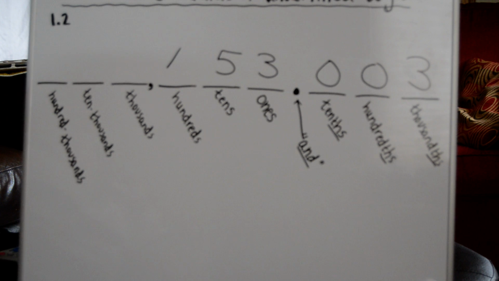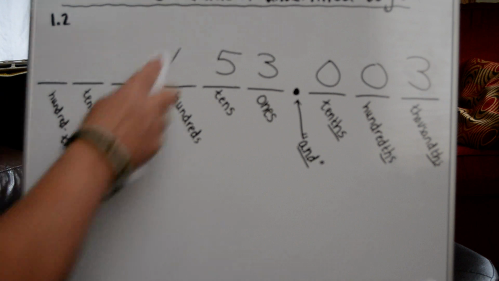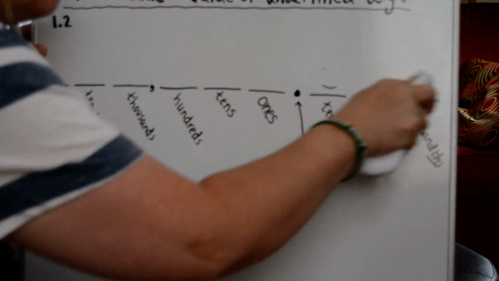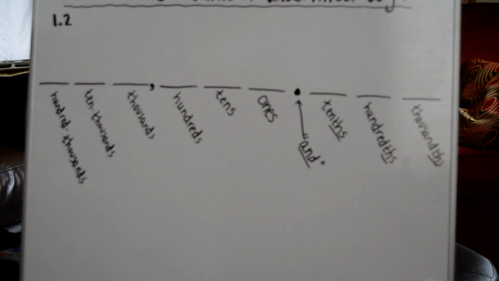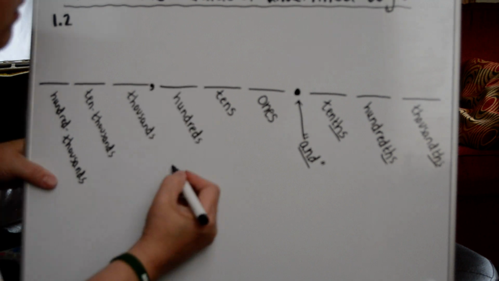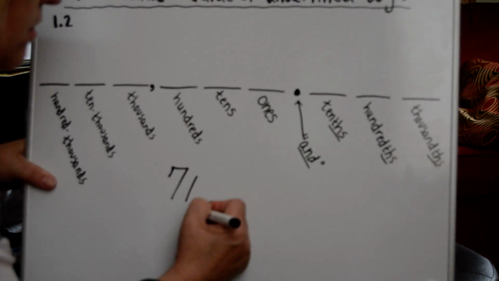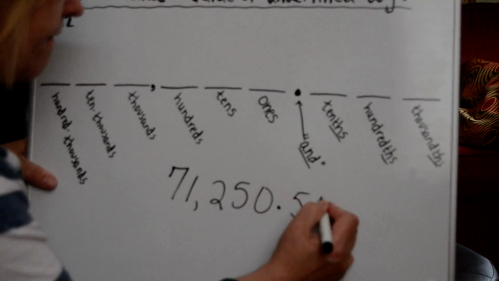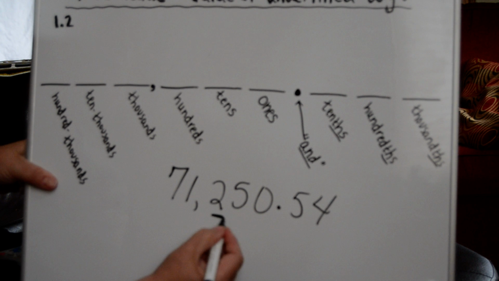If I have a number such as, let's say I had a number like this. And this digit right here was underlined.